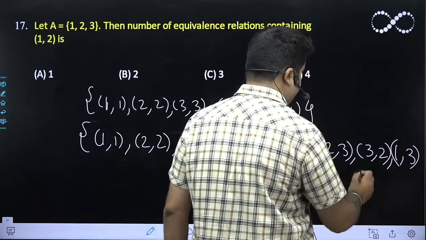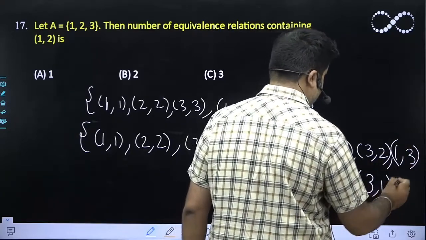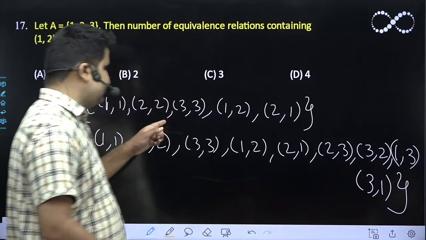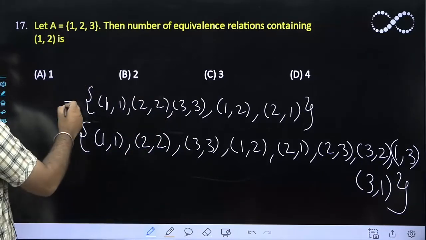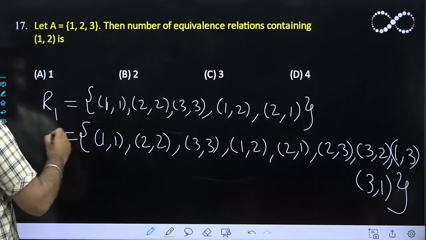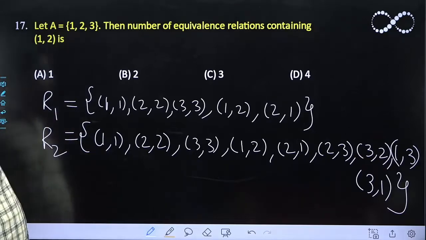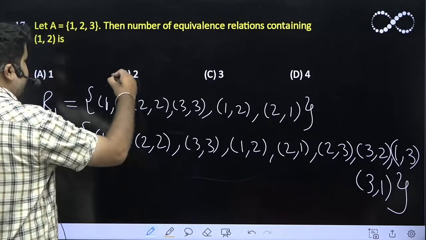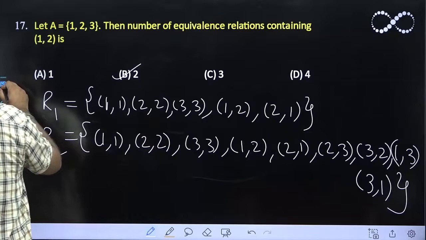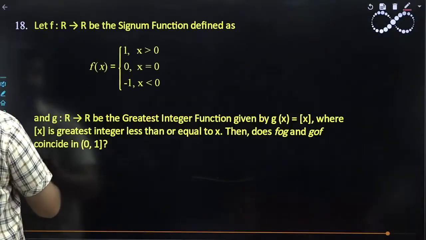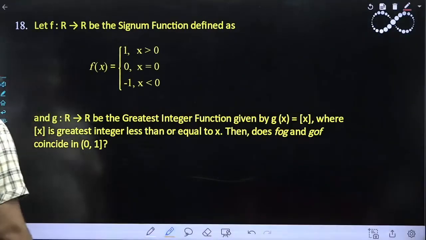And if you add (1, 3), you will have to add (3, 1) as well. So this is the first equivalence relation you can get, and this is the second equivalence relation you can get. So the number of equivalence relations here will be 2. Let's see the next question.